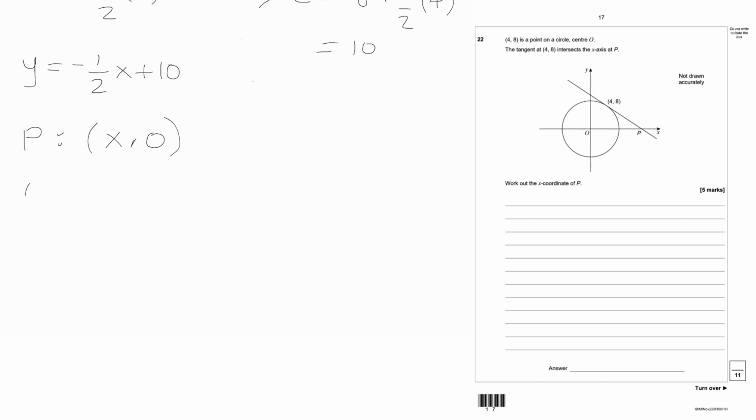We have 0 equals minus a half times x plus 10. If we move the minus a half x over to the other side, we have half x equals 10, and therefore x equals 10 times 2, which is 20.